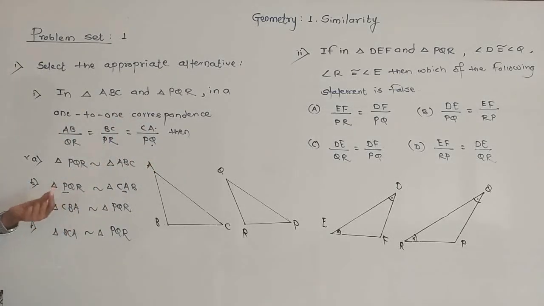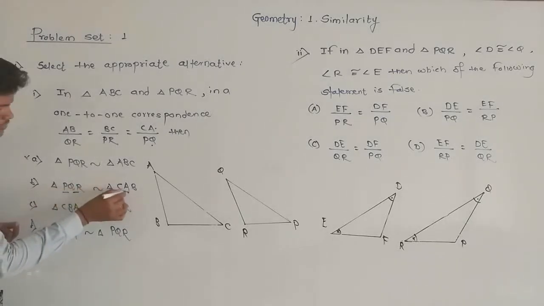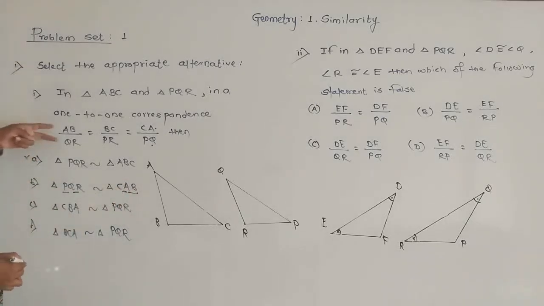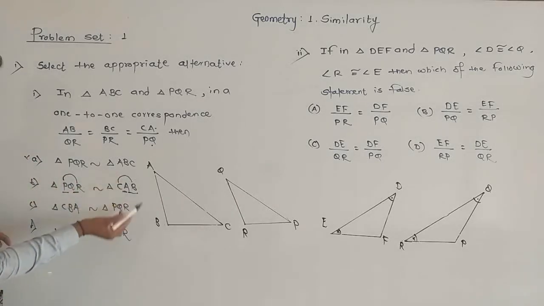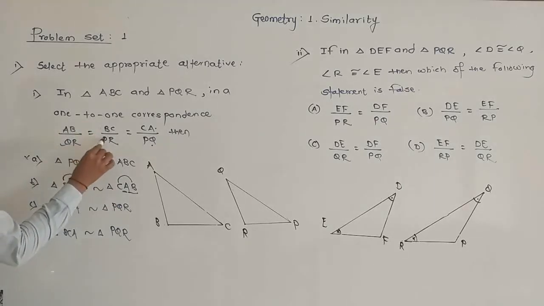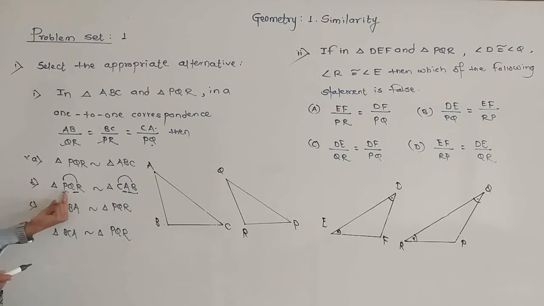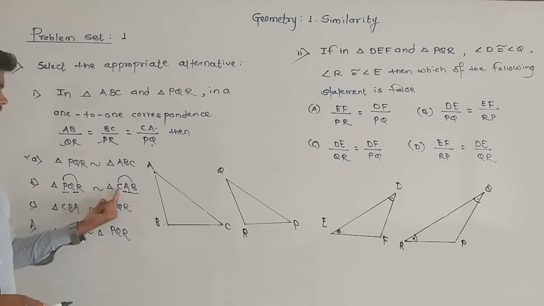This one is correct. Check the second one. Segment QR is proportional to segment AB. Here also QR is proportional to AB, and the last one, segment PR is proportional to segment BC. This one is also correct. That means option second is correct, that is triangle PQR is similar to triangle CAB.